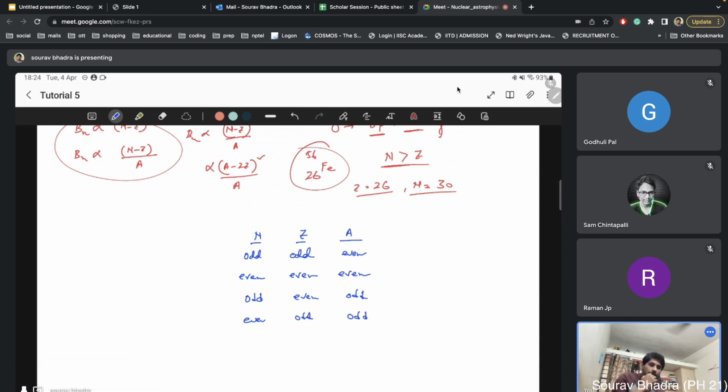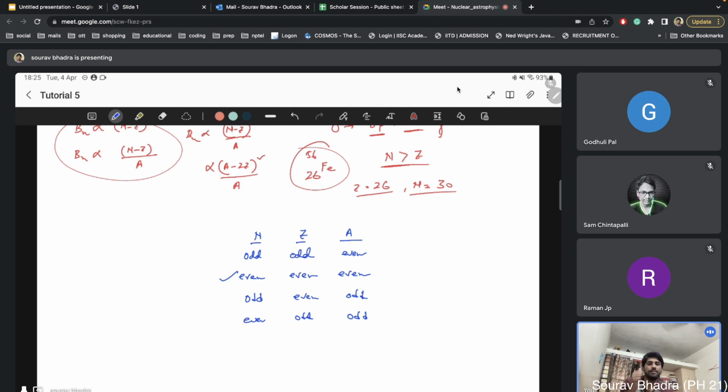It has been found by researchers and by experiment that when z is even and n is also even, the nucleus is highly stable, because the nucleons also have spin, one up spin, one down spin.